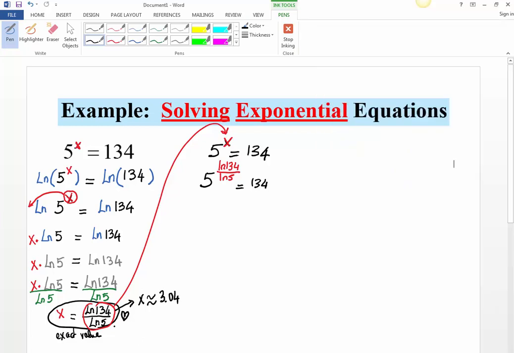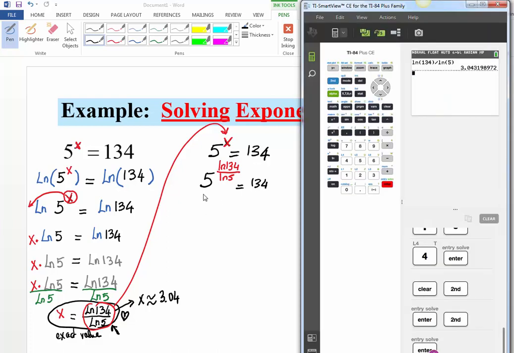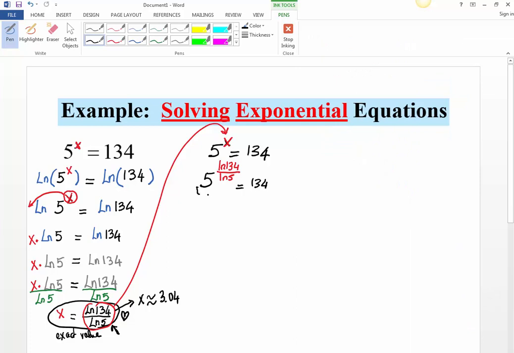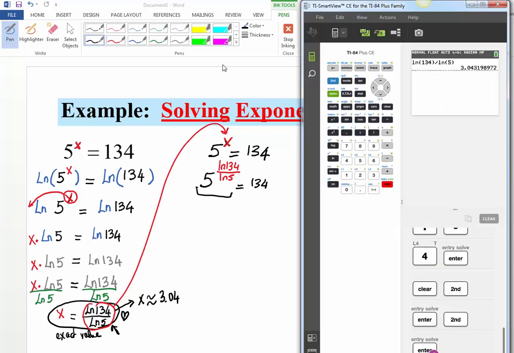But let's say I want to use the exact value and raise 5 to both sides, 5 to that power. Then what would I do with the calculator to compute what is on the left hand side here? All I have to do is this with the calculator, and remember that you just do 5 raised to the power, so the exponent key, and then you do second and the little negative sign, because that's called the answer.